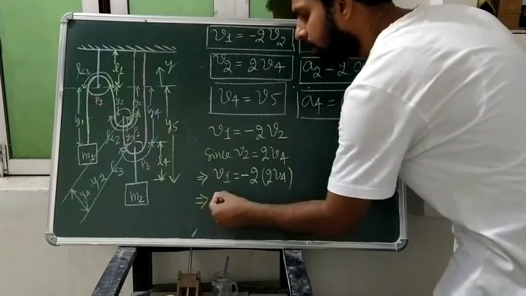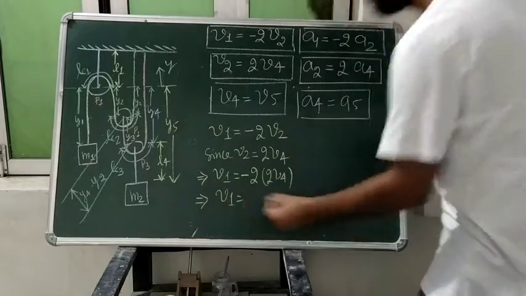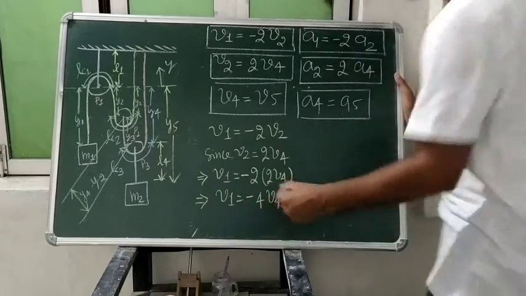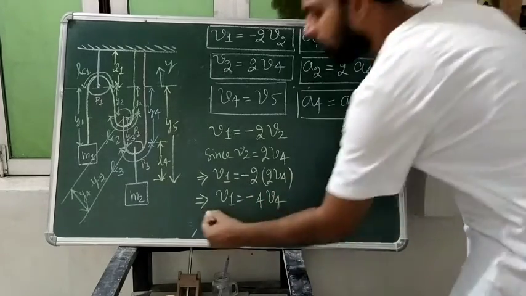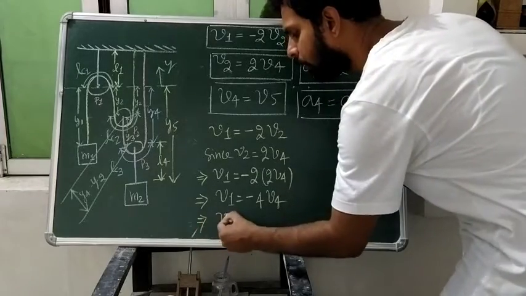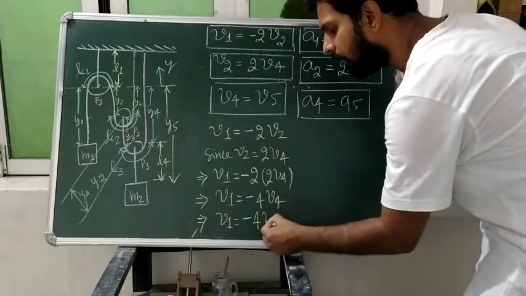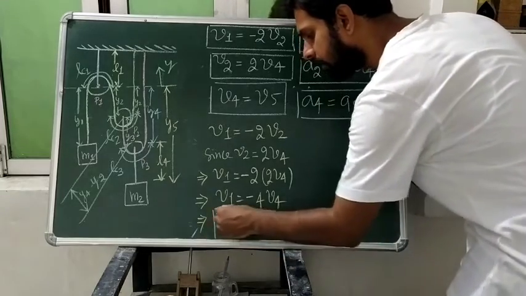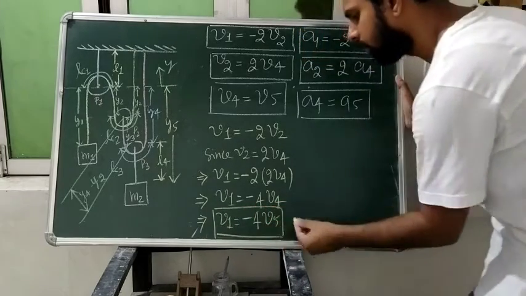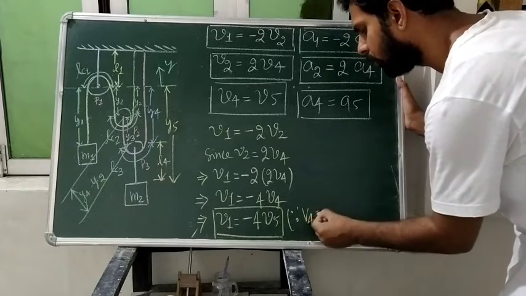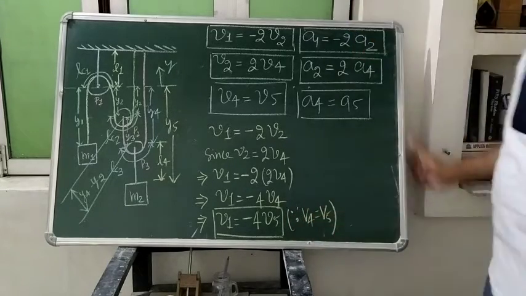Meaning our V1 will be equal to minus 4 times V4, or we can say our V1 will be minus 4 times V5, since V4 is equal to V5.